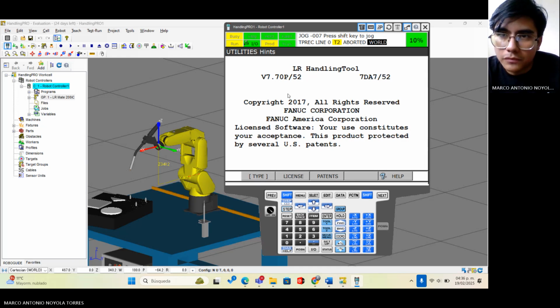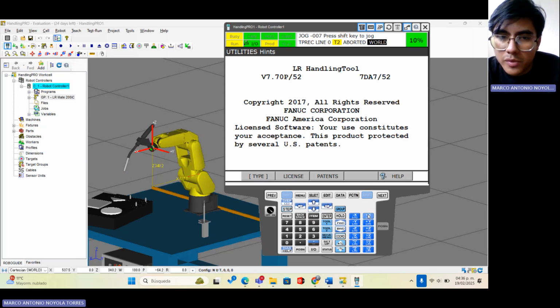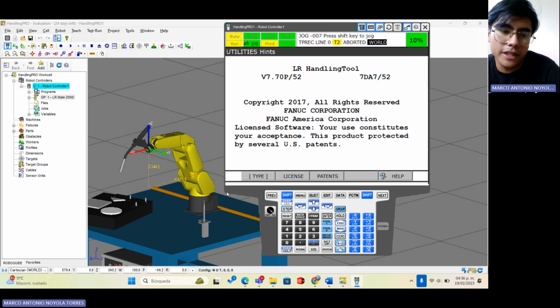Now we can move the robot in the world system. In the world system, pressing the shift key, for example in the x-axis, you can move the robot in positive direction and negative direction, also in the y and z axes, and these six keys are for moving in these axes but in rotative direction.